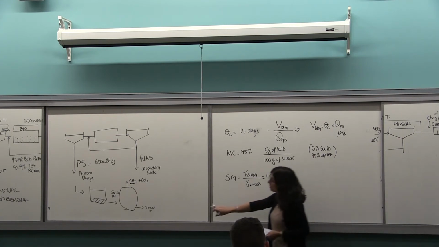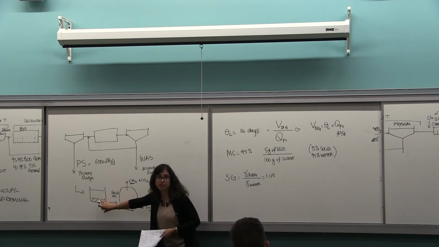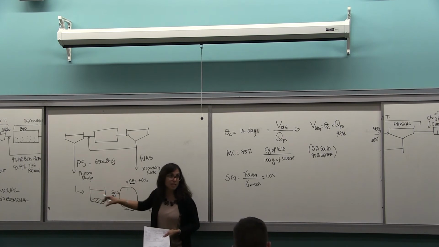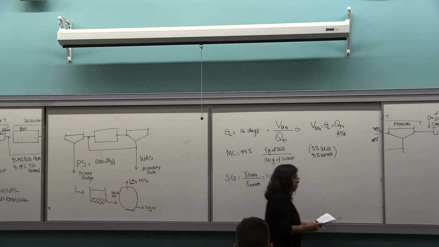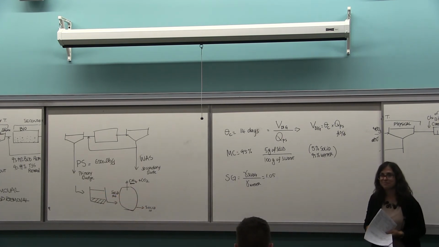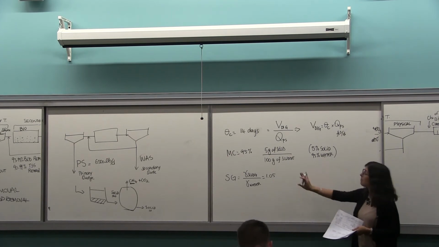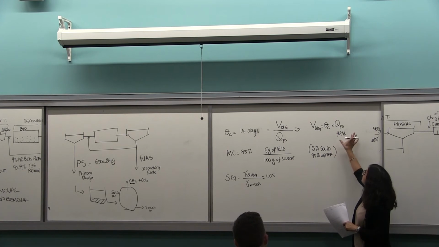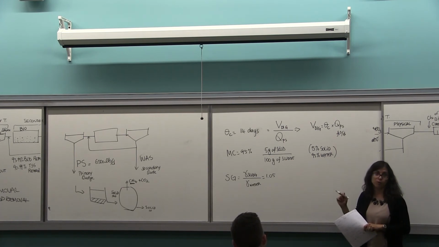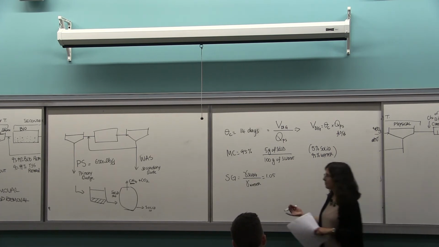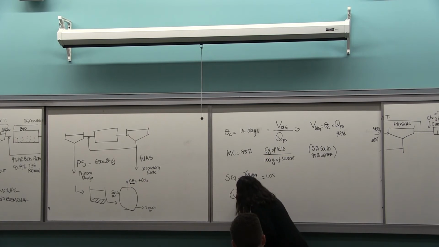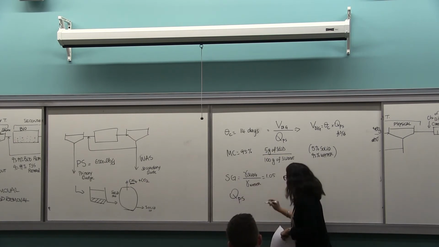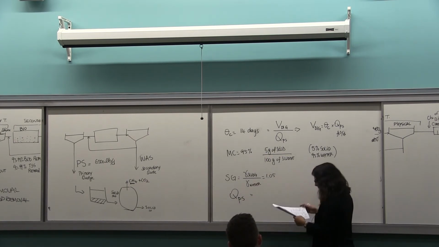What comes in here is not just the dry solids, it's the solids and the water. So it's just a unit conversion to go from the pounds of solids to the cubic feet of sludge. So cubic feet of primary sludge, how do we get that?